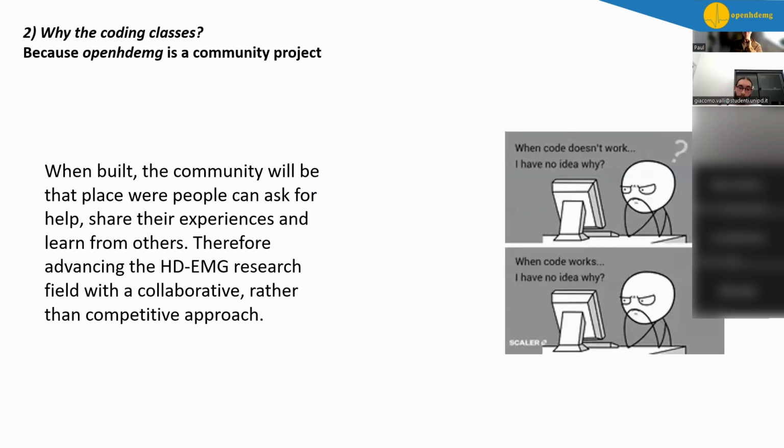Okay, so when we manage to build a strong community, this community will be a place where people can ask for help, can share their experience and learn from others. So we can advance, hopefully, the field of HDEMG research in a collaborative rather than in a competitive approach. So this is our main goal, and this is why we like to explain to you the basics of Python and then to explain how to use the openhdmg library.